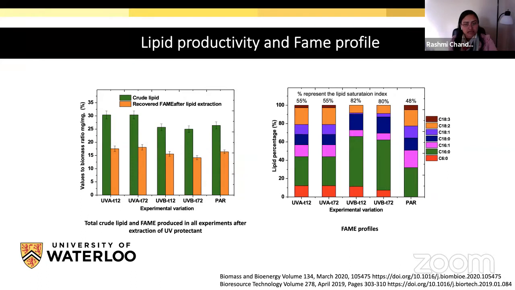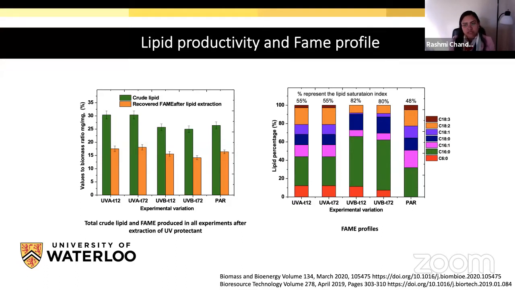After that, we did FAME recovery, and UVB and UVA were very close. So we can say the good kind of lipids for biodiesel is there in UVB still. These strategies work well to recover the MAAs and the lipids together.